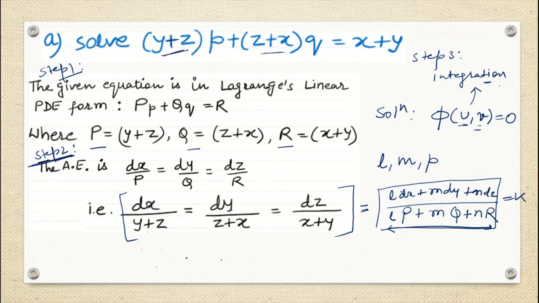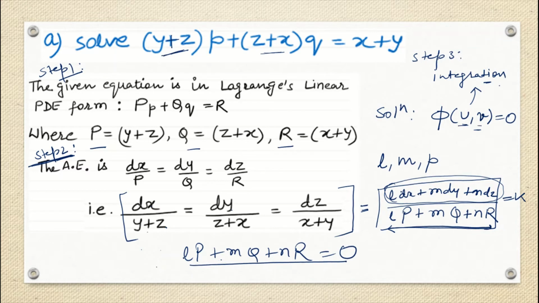Can we apply LP plus MQ plus NR equal to 0? If this is 0, then we will easily equate the numerator part with 0. That is okay. So this is one way to think. The other way of thinking is, if we see that the fractional terms are in this fashion, then some trick we have to apply. And what is that trick?